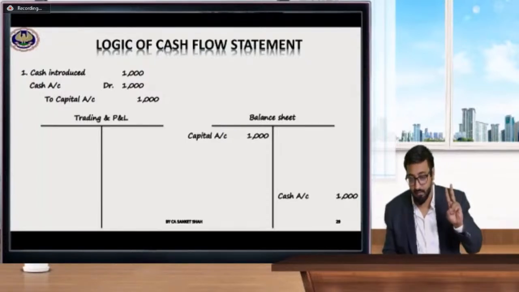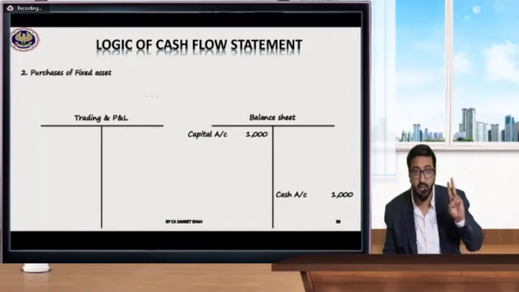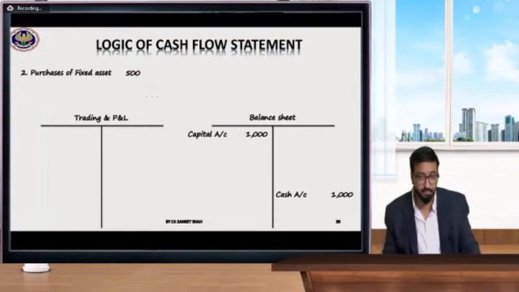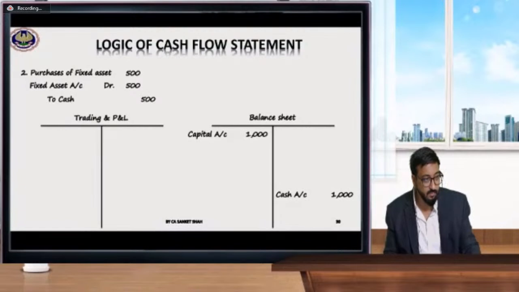Second entry. Visualize. Purchase of fixed asset 500 in cash. So what comes in and what goes out? Fixed asset comes in, cash goes out. Does it affect your liability side? No. Does it affect your trading and P&L?